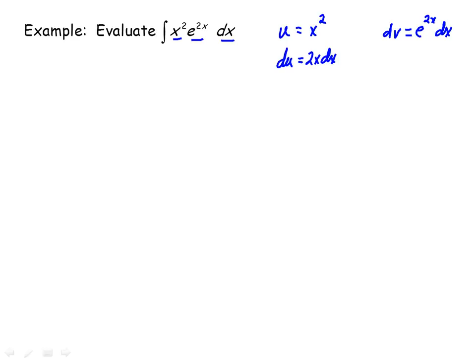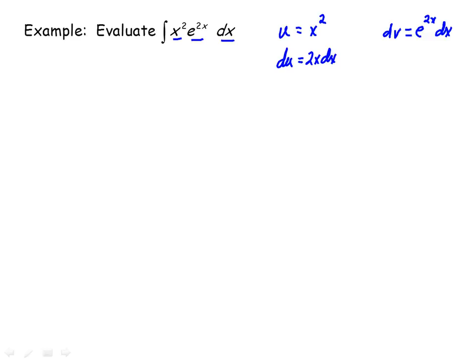But how do you take the antiderivative? Let's go over here. On your paper, it says the antiderivative of e to the u is e to the u plus c, right?